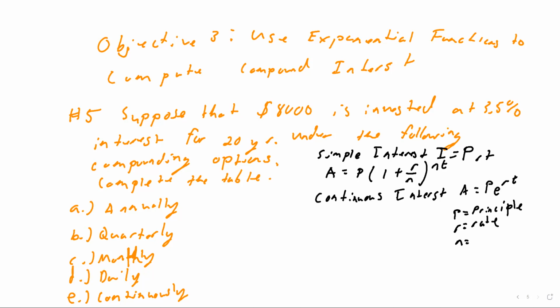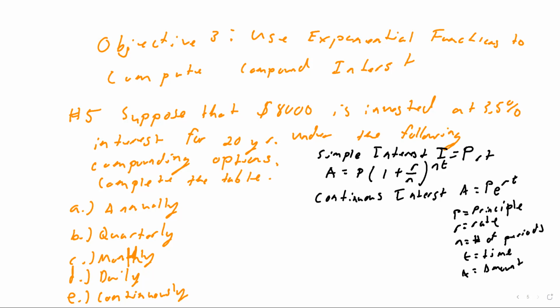N is the number of periods, and I'll explain that here in a second. And then t, of course, is time. A is the actual amount, like your total amount at the end.